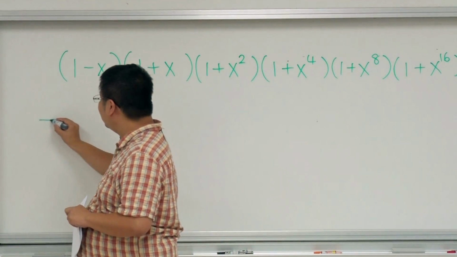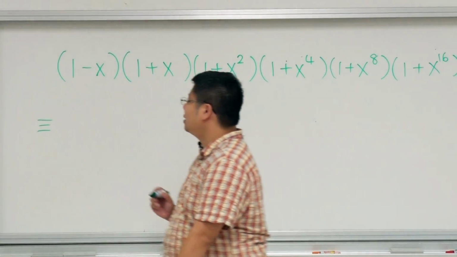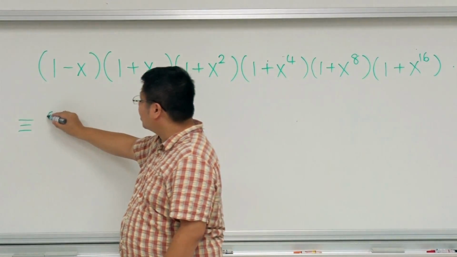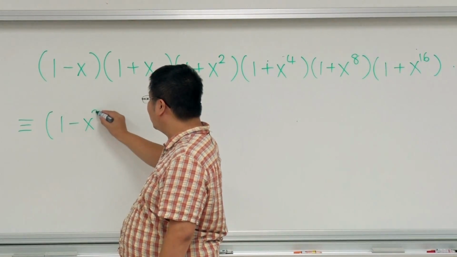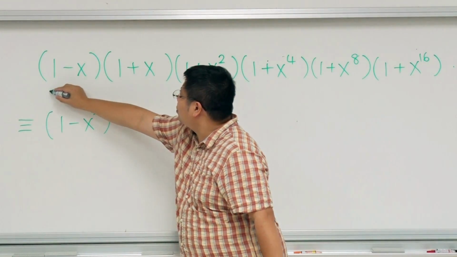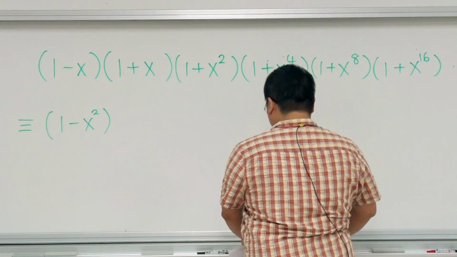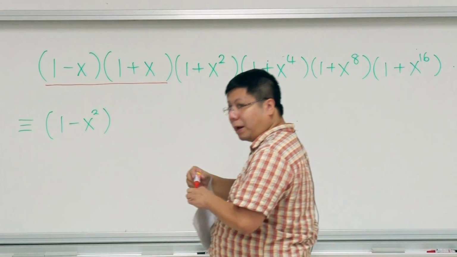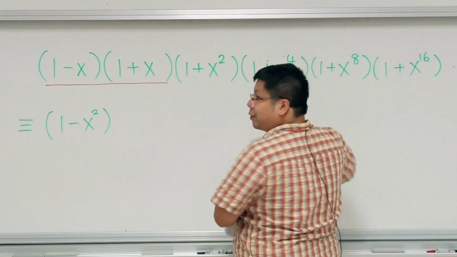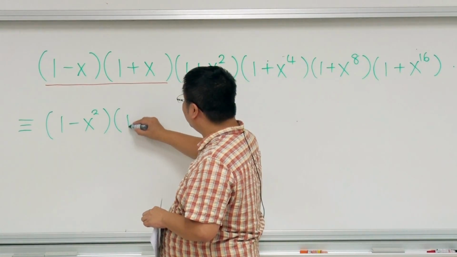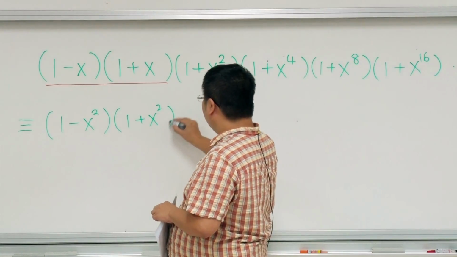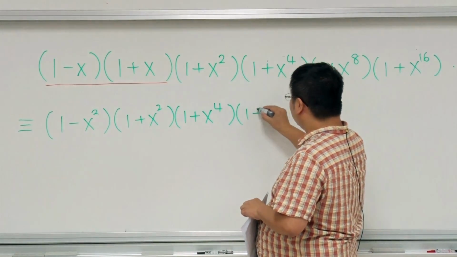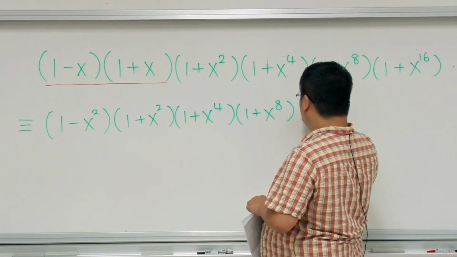So let's take a look. This will be equal to what? If I multiply 1 minus x with 1 plus x, then we will get 1 minus x squared. These 2 terms will be cancelled and combined into this single 1 minus x squared. For the remaining, we will copy it: 1 plus x squared, 1 plus x to the power 4, 1 plus x to the power 8, and so on.